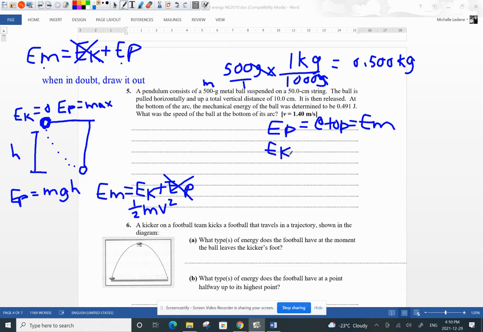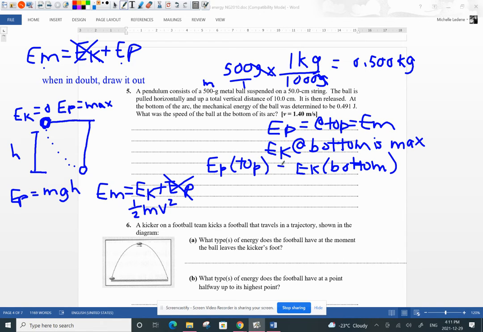So EK at the bottom is where it reaches its maximum. In other words, the kinetic energy that it had at the bottom should equal what the potential energy was that it had at the top.